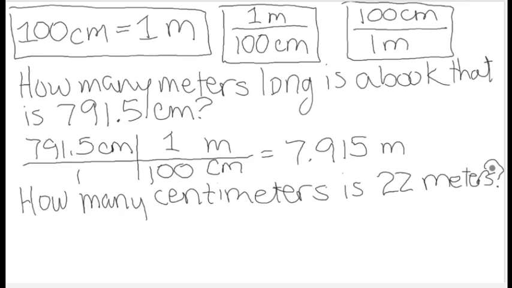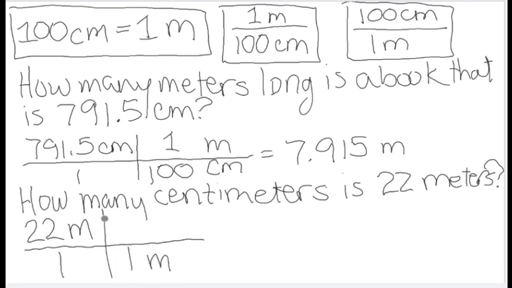How many centimeters is 22 meters? So I'll take my given. It's the one with the numbers. So 22 meters over 1. I'm going to look for the conversion factor that has meters in the bottom so I can cancel it. 1 always stays with the large unit of meters, and 100 always stays with the unit of centimeters.